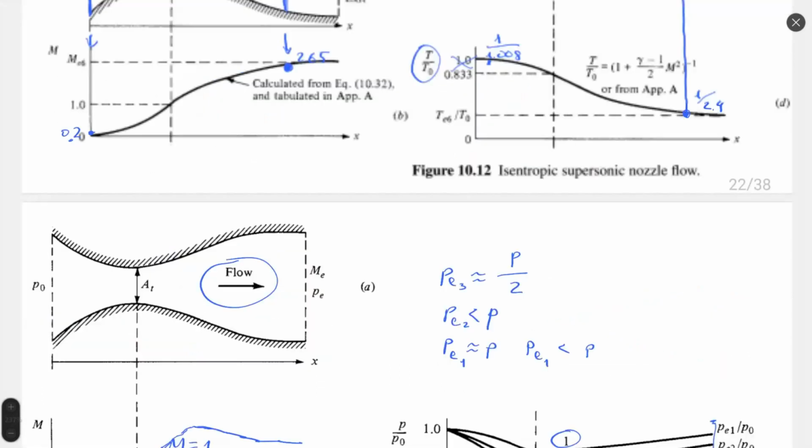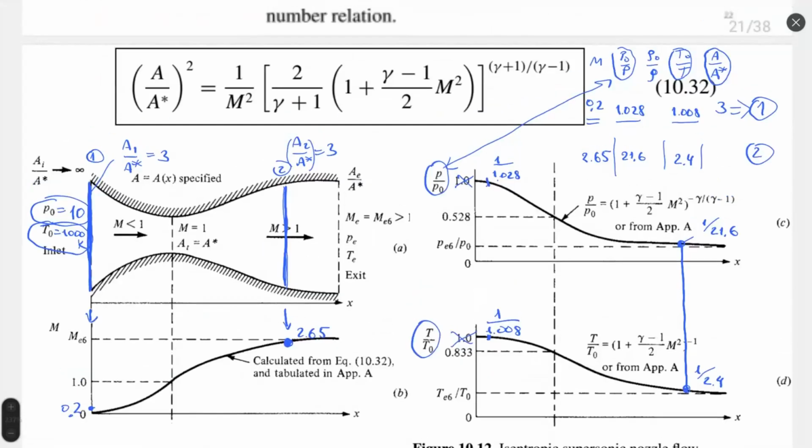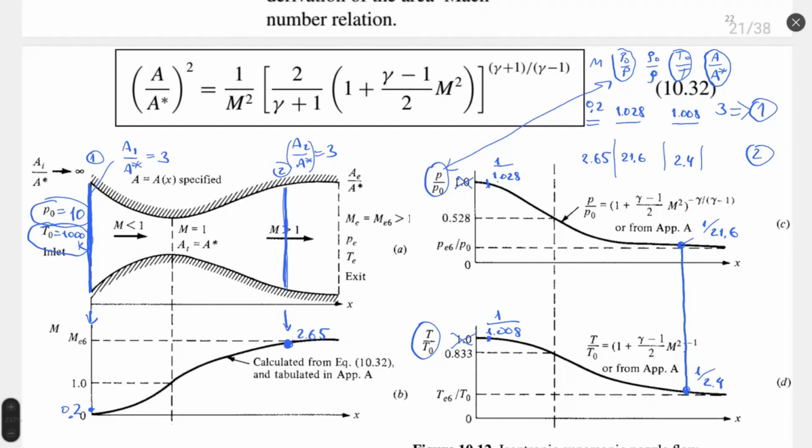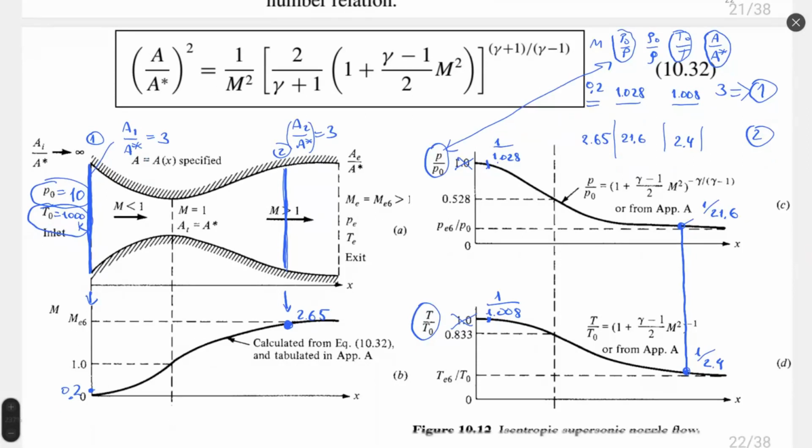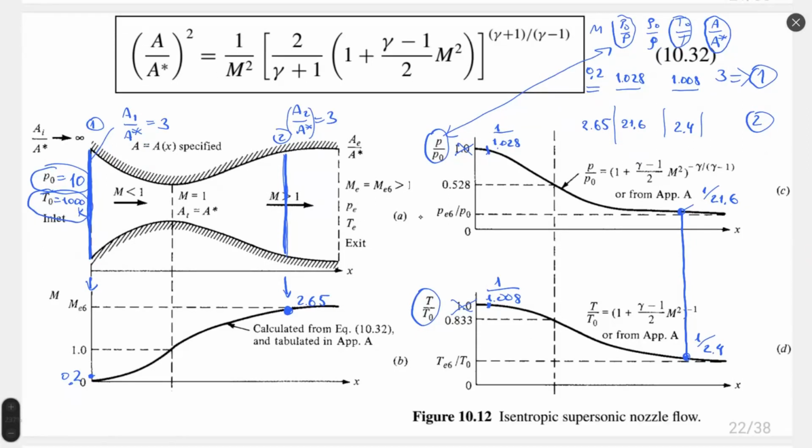And this PE6 we already had right here. Just take a look at our previous example. In picture C, we have PE6 divided by P0. So pressure gradient is big enough to sustain supersonic acceleration, supersonic flow in the divergent part of the nozzle, and sustain continuous acceleration.